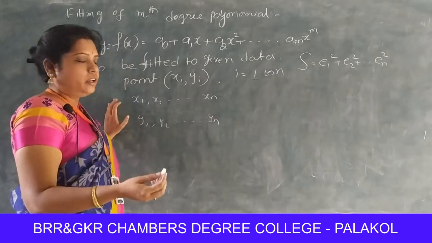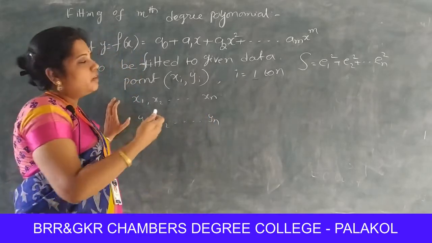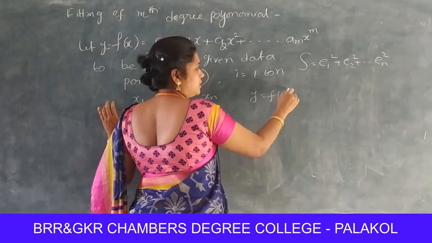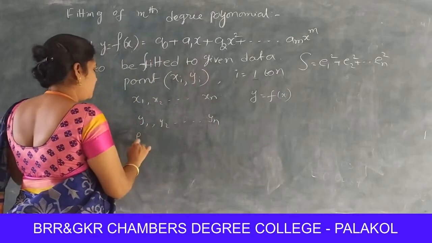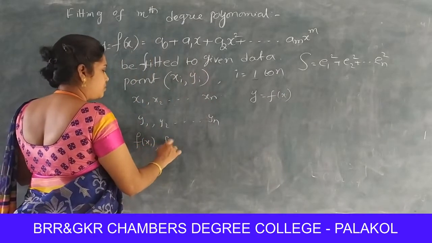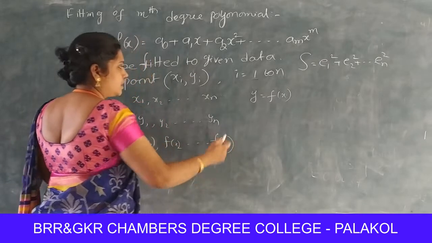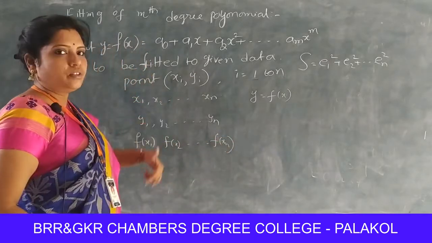The corresponding values of the fitted curve are f of x1, f of x2 and so on f of xn. These are the input values.